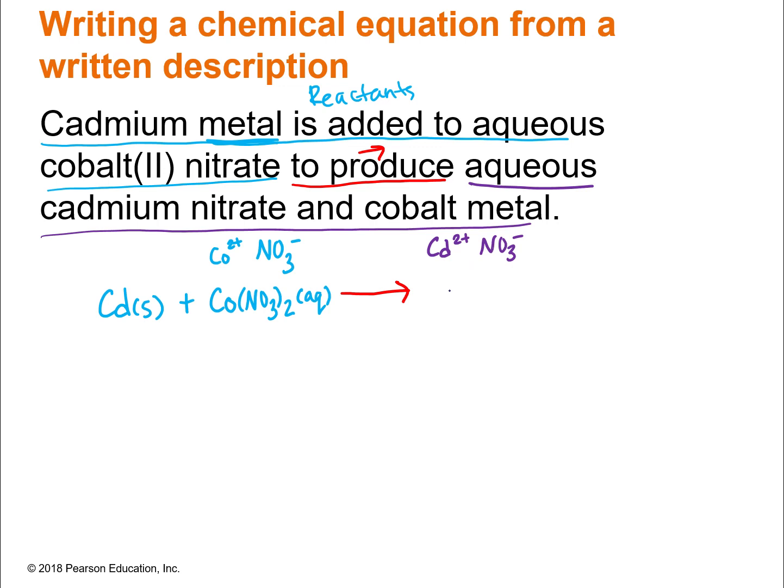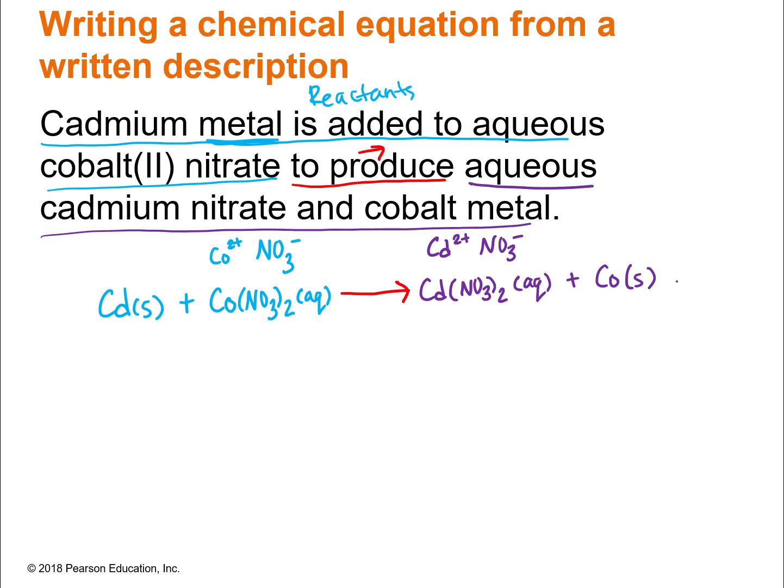So just like the cobalt, we're going to need to have 2 of these nitrates so that our formula is overall neutral. And then the cobalt metal is a solid.